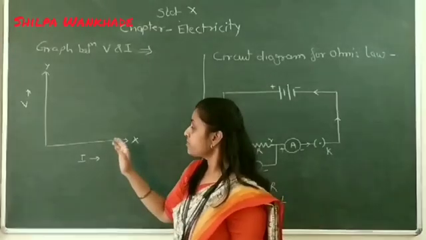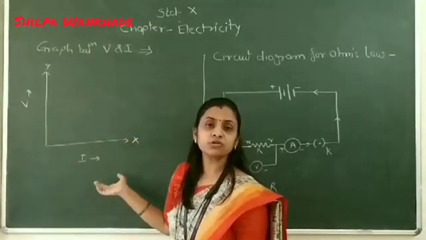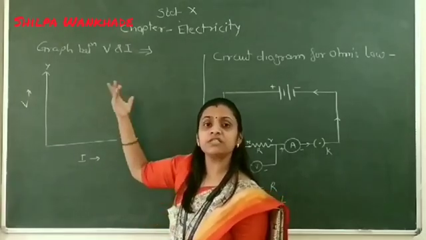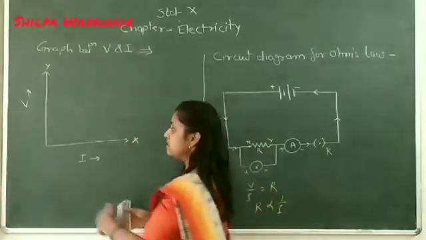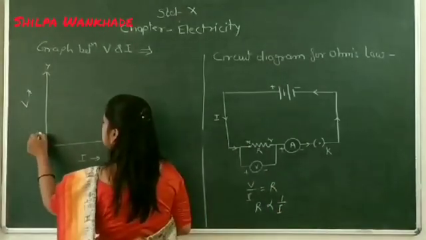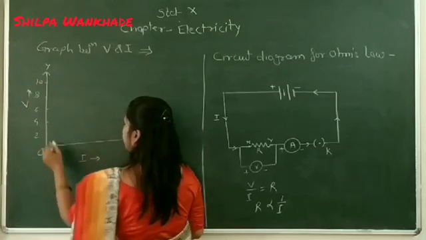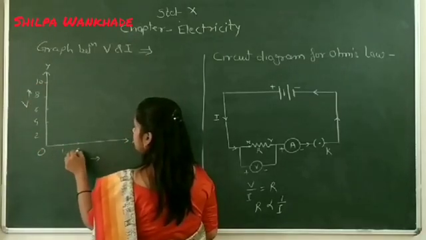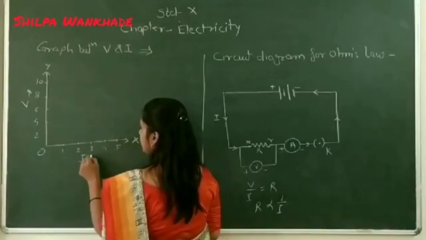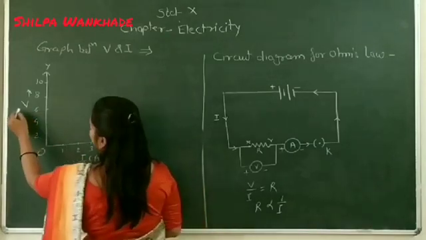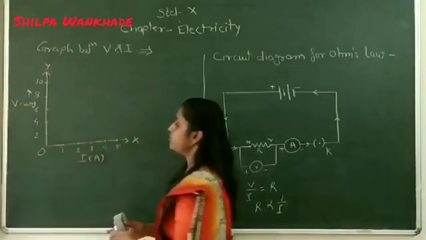Why do we get a linear graph? Because V and I are directly proportional to each other. Means as potential difference increases, the current also increases in the same proportion. So this is 2, 4, 6, 8, 10, and suppose this is 1, 2, 3, 4, 5. Current is measured in ampere and potential difference in volt.